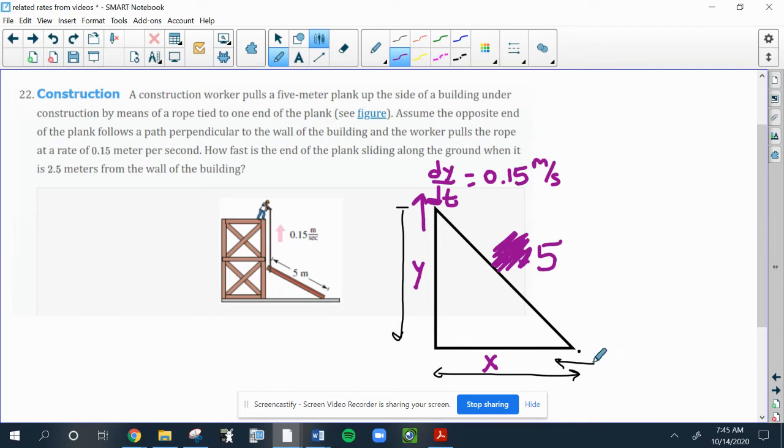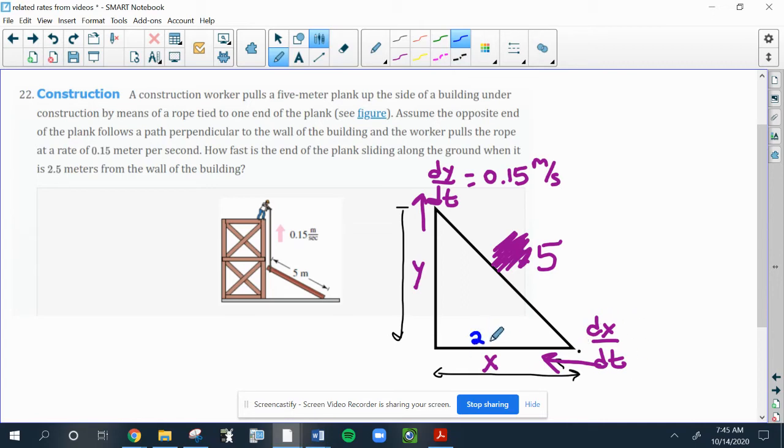So that's the question, is how quickly is this sliding, which is dx/dt, because it's the rate at which this side x is changing. When it is 2.5 meters from the wall of the building. So we're looking for the rate at which this is changing exactly when x equals 2.5.